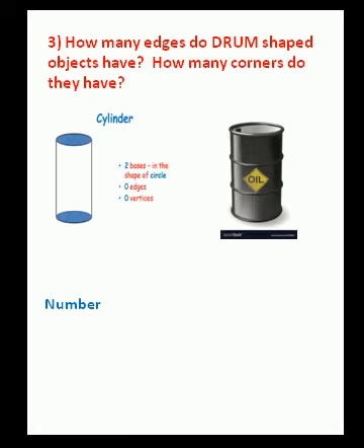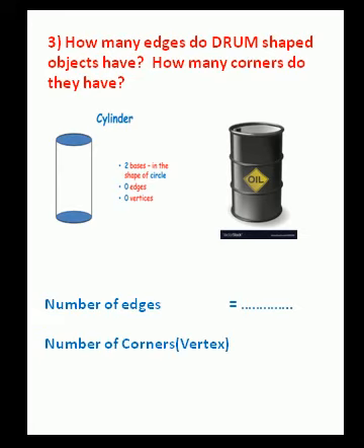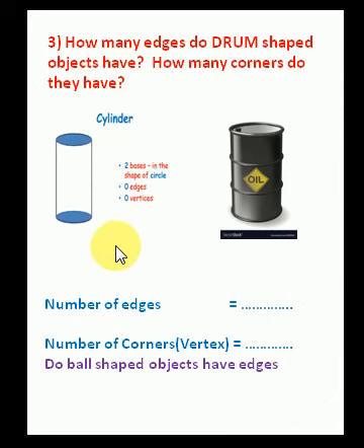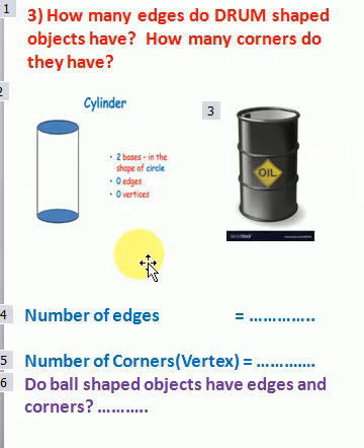How many edges does a drum shaped object have? How many corners does it have? We observe the drum shaped object is cylindrical shape. Here two bases are in the shape of a circle.